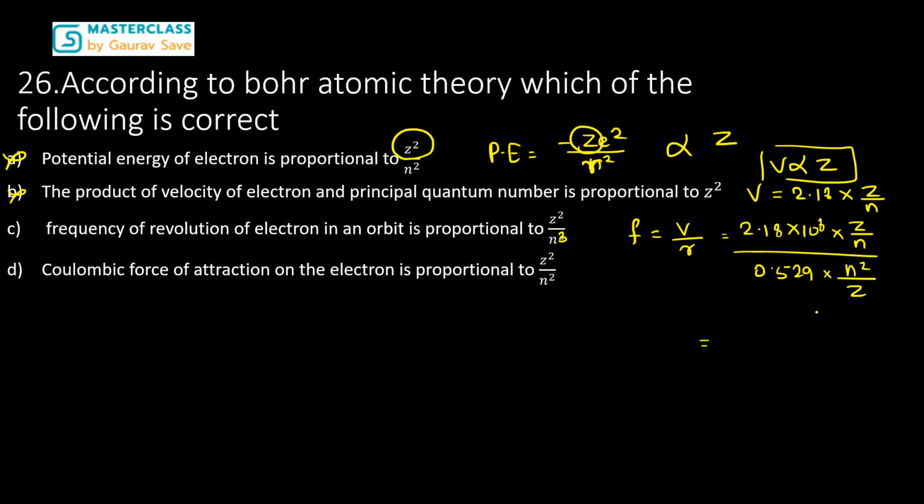So z will get flipped, and we'll get 2.18 into 10 raised to 8 upon 0.529 into z, and z will become z square, n and n square will become n cube, and this is directly proportional to z square upon n cube. Hence option C is the correct answer.